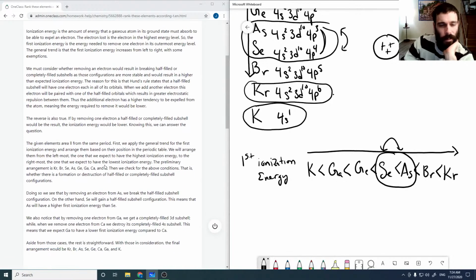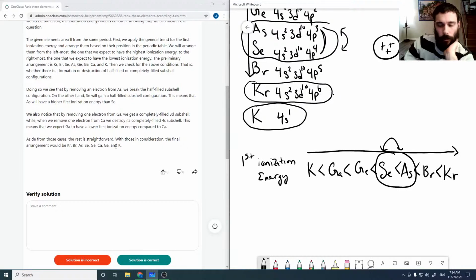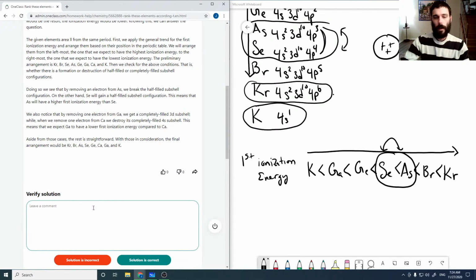Calcium wasn't in there. Gallium, and then potassium. And also I don't think calcium would be in between there, so that's just a mistake. But yeah, so it just basically goes left to right across the periodic table with some swaps in places where you get half-filled shells. So the solution is correct.